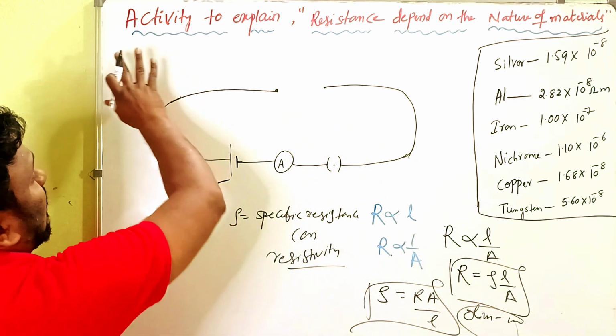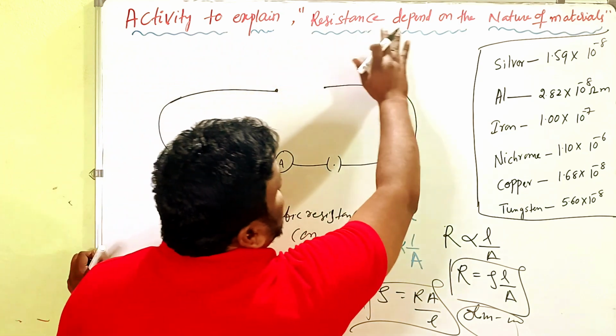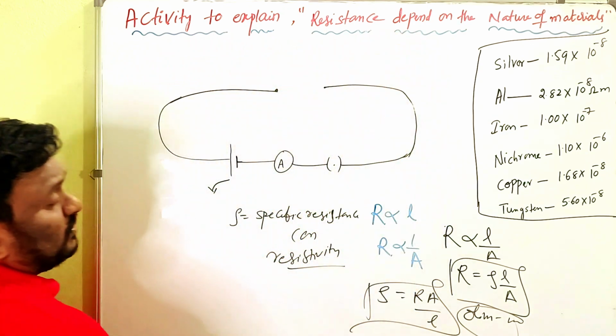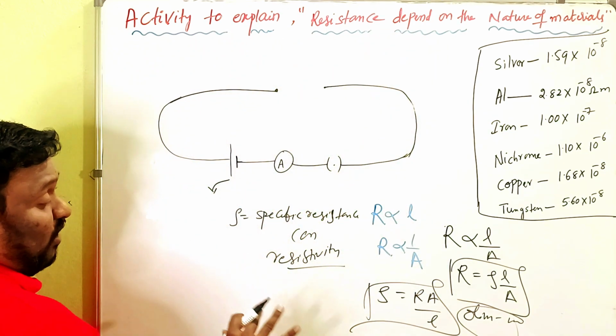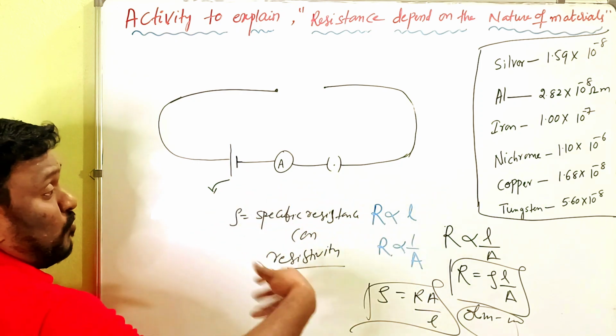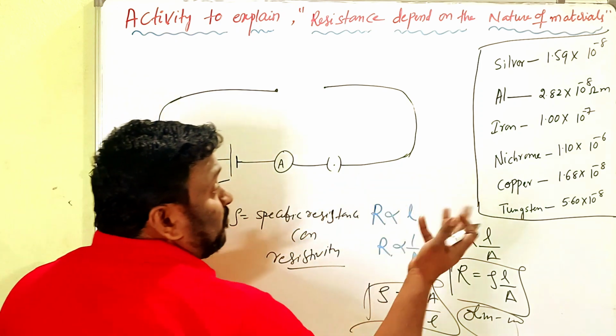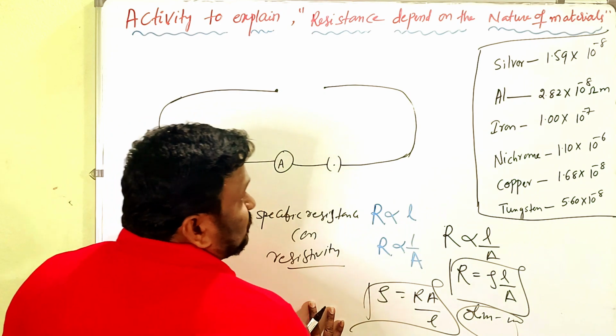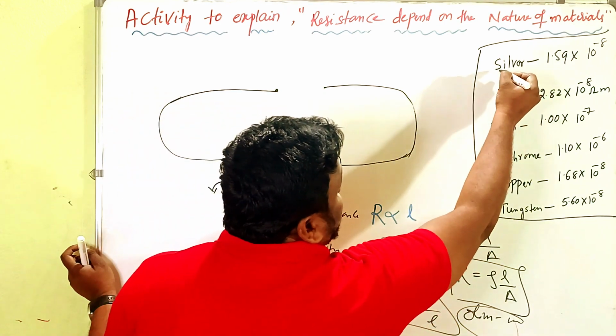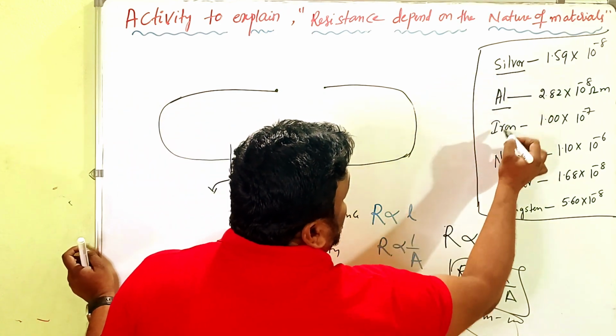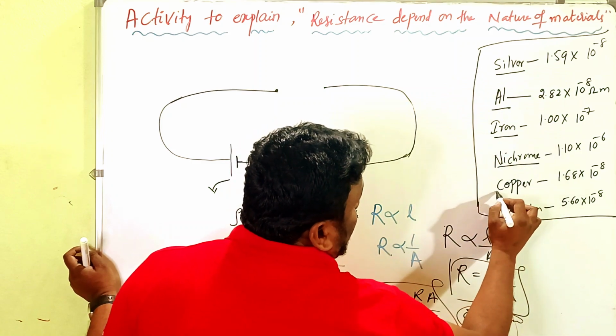Now, the activity to explain that resistance depends upon the nature of the material. To do this, we have to take different wires made up of different materials, like silver, aluminum, iron, nichrome, copper, tungsten.